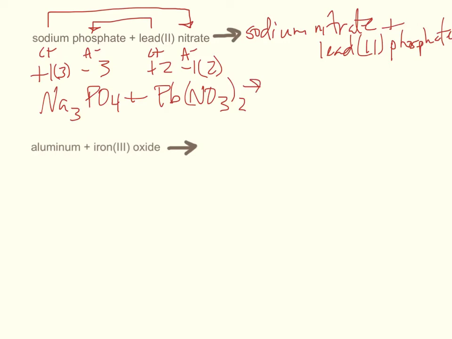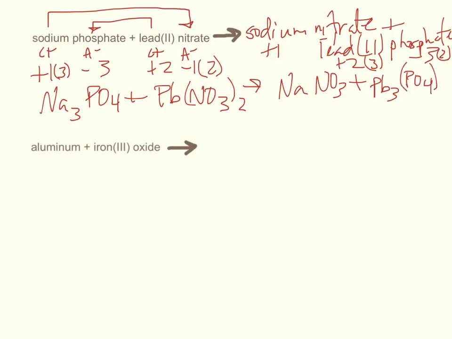So my product is sodium is a +1, nitrate is a -1, so that actually works out great. So I have NaNO3, and then lead is a +2, phosphate is a -3, so that means I need 3 leads and 2 phosphates. So I have Pb3(PO4)2. All right, let's try to balance this thing.